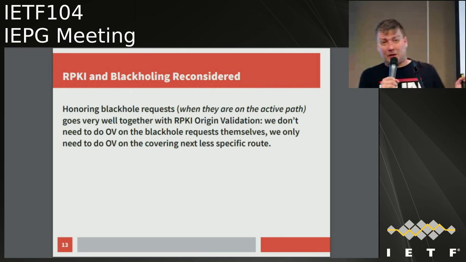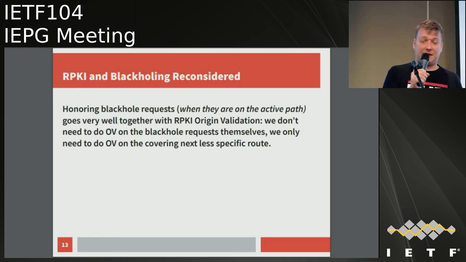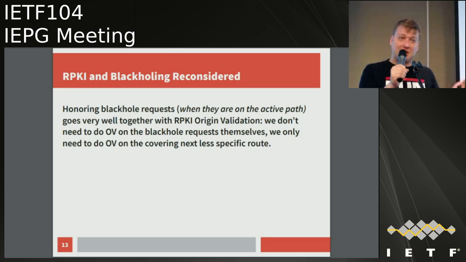What I also like about this approach is that it goes very well with RPKI origin validation. In this community, RPKI origin validation and black holing have been considered a problematic combination, because we don't want people to create ROAs that allow up to /32, because that opens you up to certain attack vectors. This means that black hole route announcements are almost always invalid announcements and should be rejected.